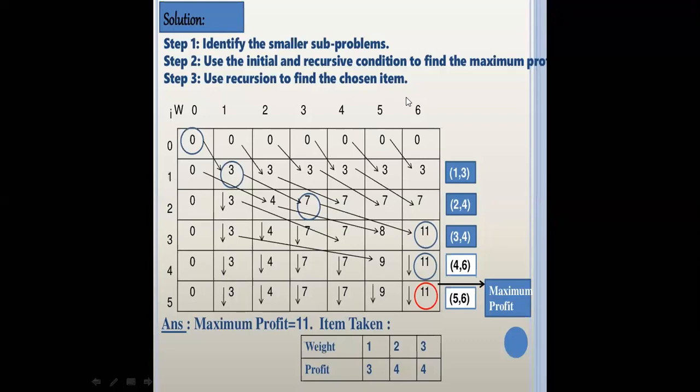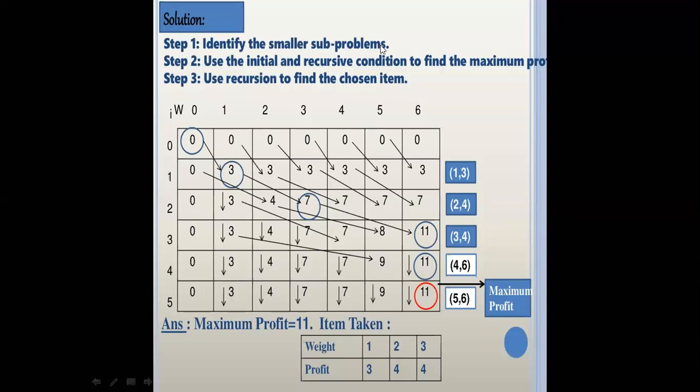Now what is dynamic programming? In dynamic programming, step 1 is to identify the smaller sub problems.